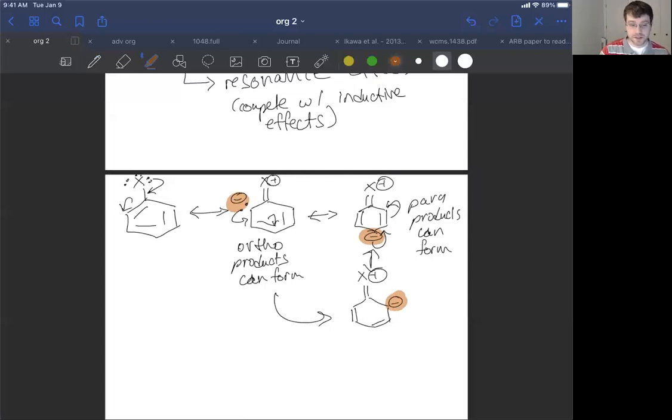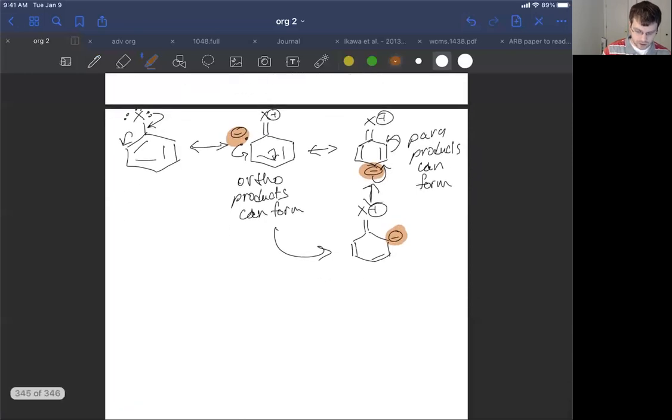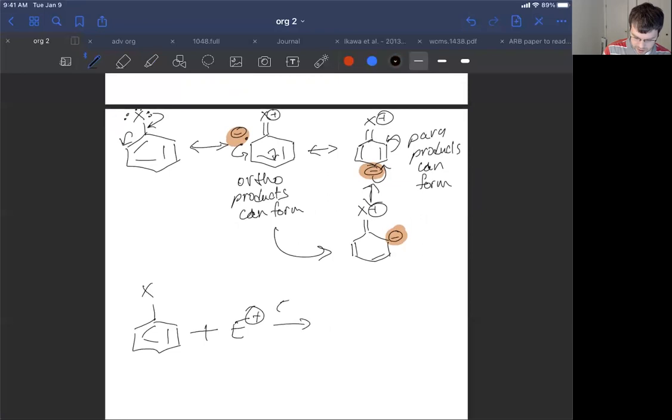And so what that means is if we take this same molecule and we react it with some sort of super electrophile in an EAS reaction, I'm just going to have E plus, put EAS over the arrow, which means we're going to lose a hydrogen atom.